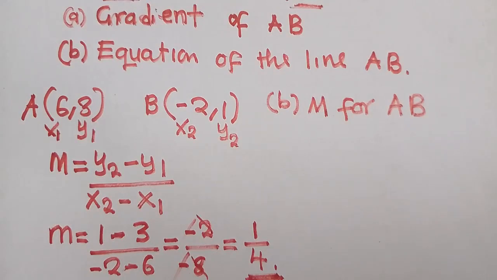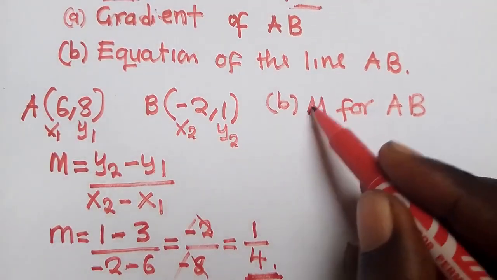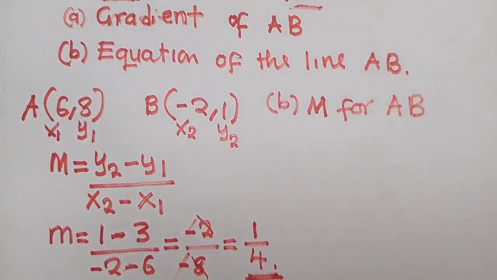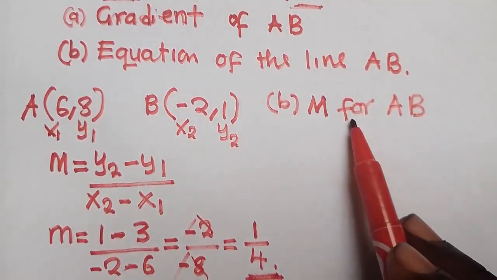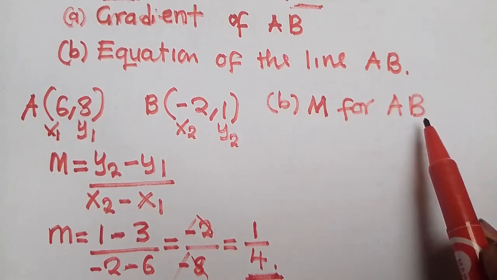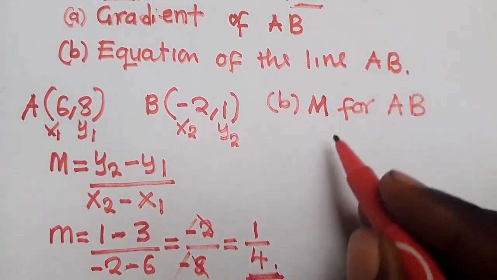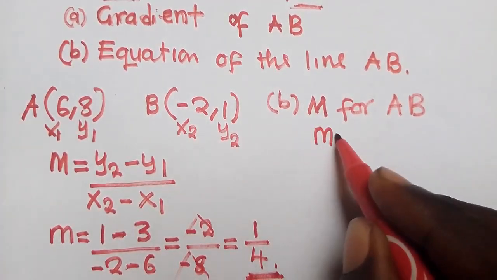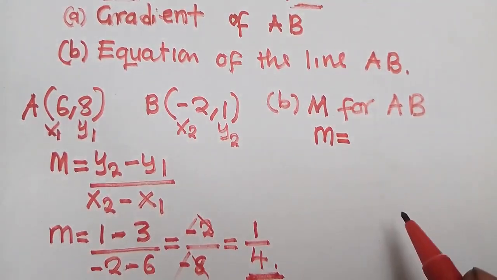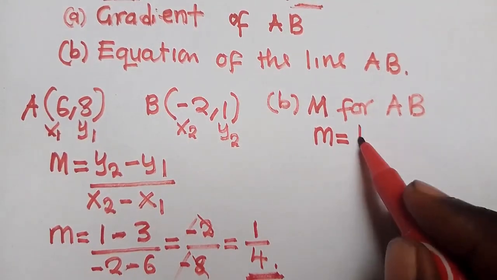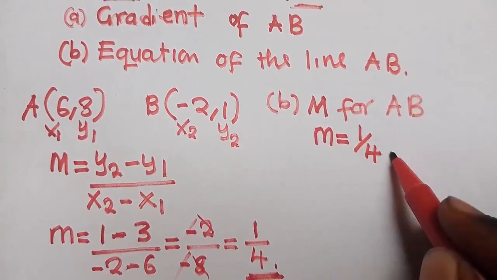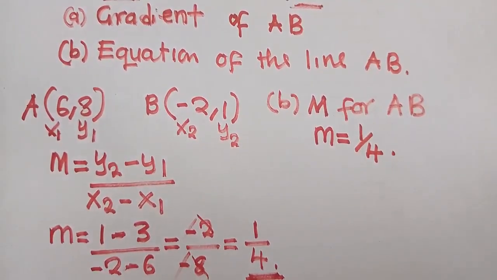Hope no one is confused. I told you that when I write m like this, it is for gradient. So do you have the gradient for AB? The answer is yes, you have. What is your gradient? Your gradient is 1 over 4. That is the gradient which we have.